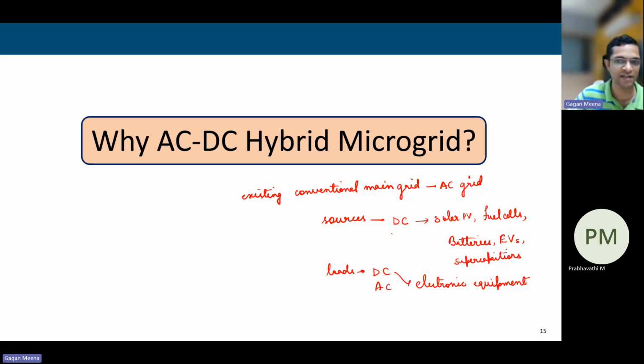If sources are DC and loads are also DC, why not supply the DC load directly from the DC sources? If we do that, we can make the system more efficient because we avoid the conversion stages in between.